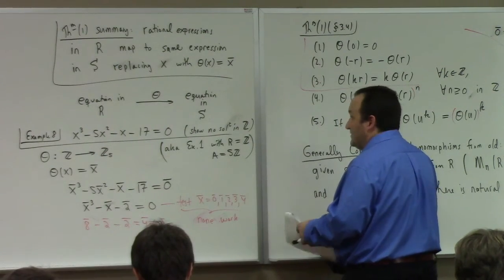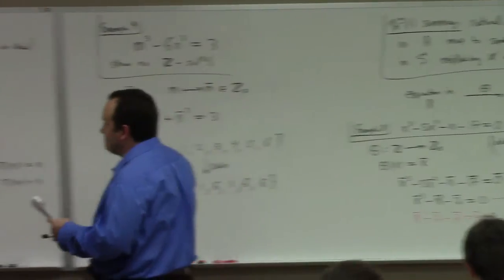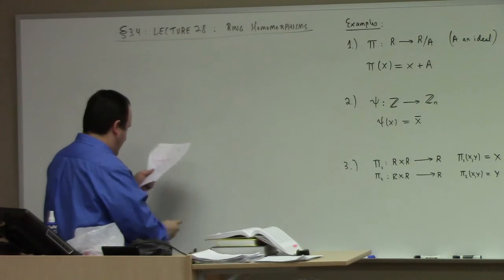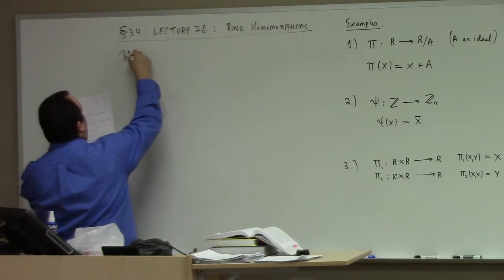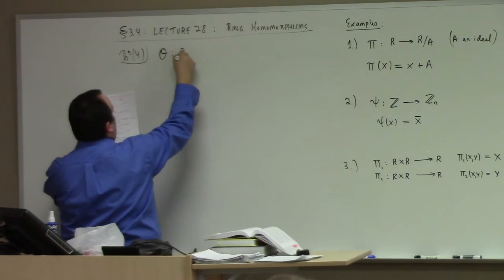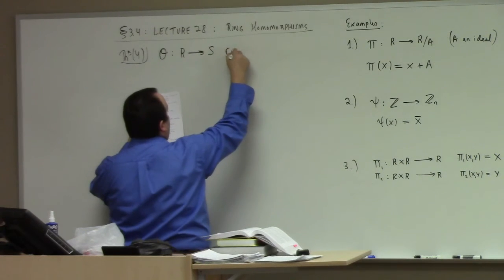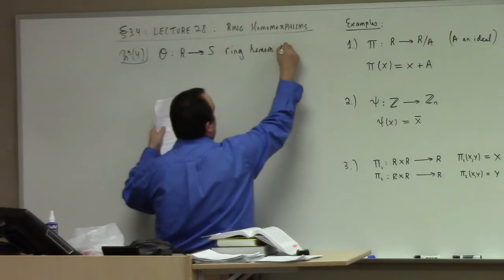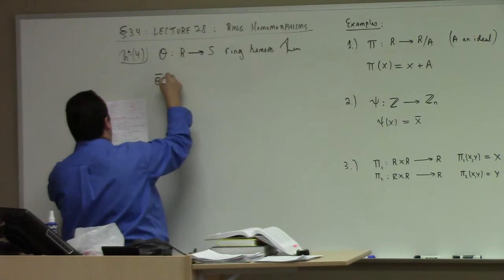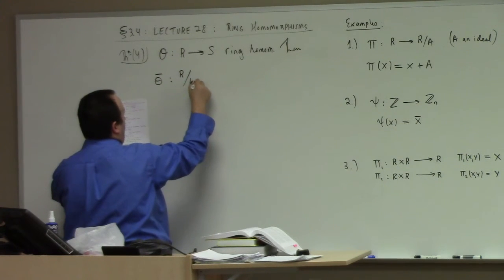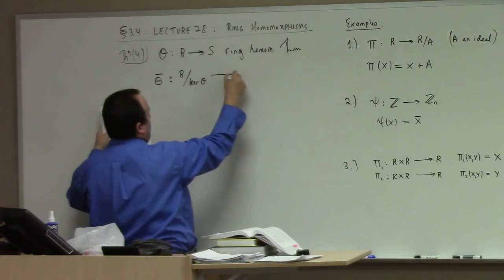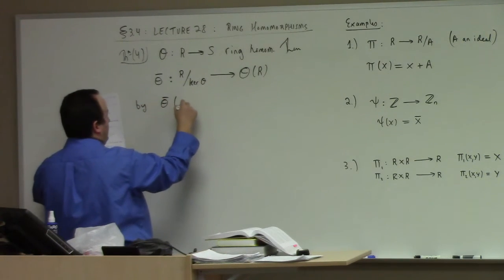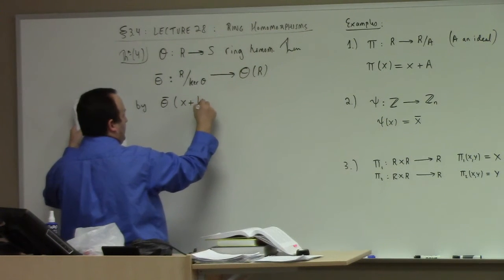So I gave you an example from the isomorphism theorem last time. But again, the isomorphism theorem: if we have theta going from R to S, a ring homomorphism, we can define theta bar going from R mod the kernel of the homomorphism to the image under the homomorphism, by theta bar of the kernel coset mapping to the image of the representative of that coset.